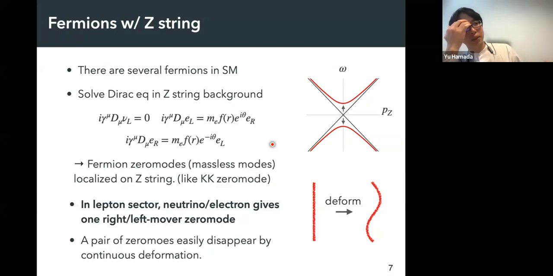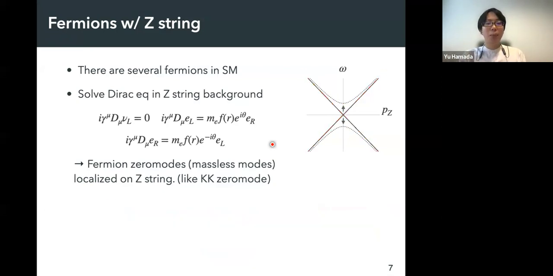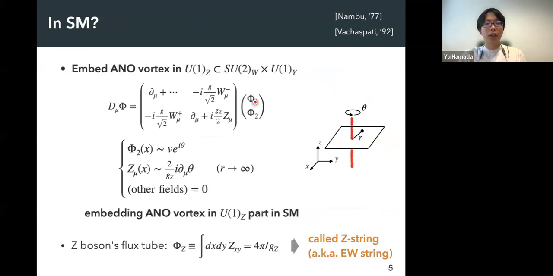Or, maybe I should explain this. Let's say we can turn on the upper component of the Higgs doublet here. For example, this string corresponds to only this part, and in this case this is 0, but we can turn on this part.